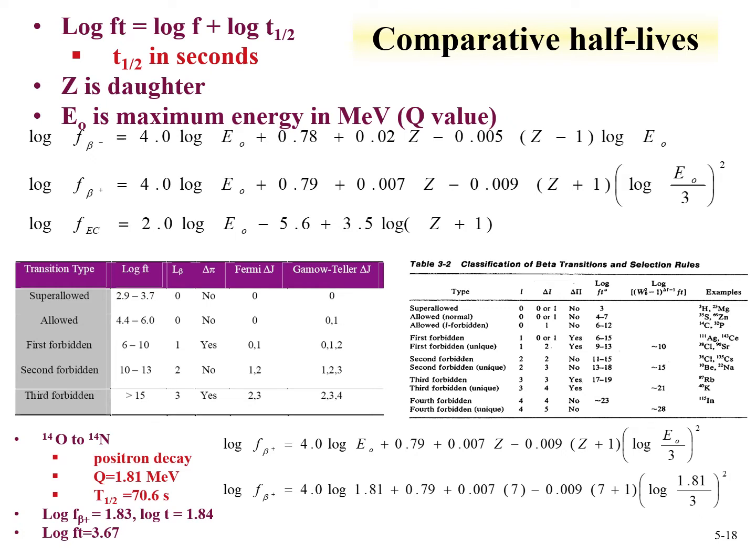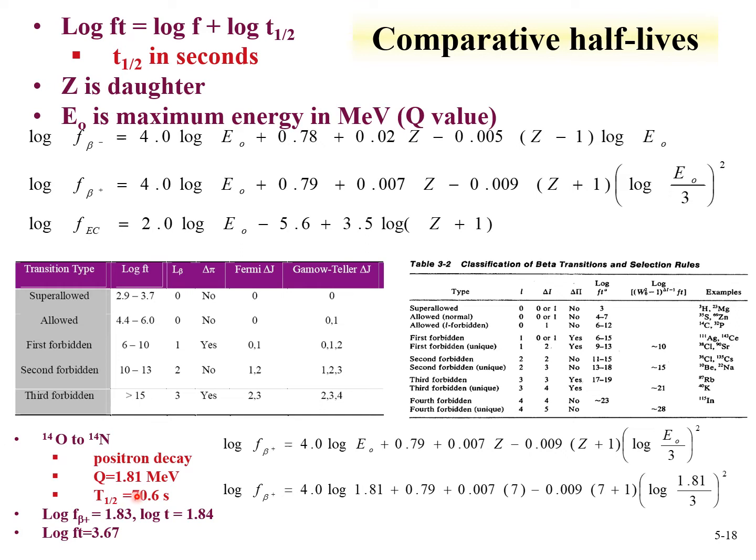So if I take my positron equation here, and now I plug in my values for the decay of oxygen 14, so the Z is now the Z of nitrogen. It's the daughter. The Q value is for the E. I come up with a value of log F beta plus of 1.83.